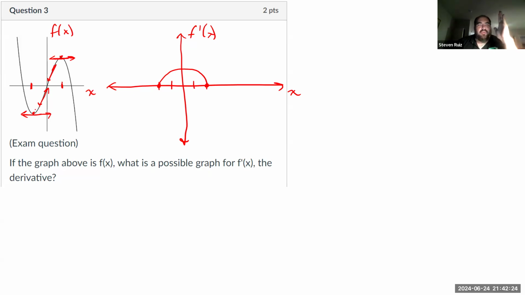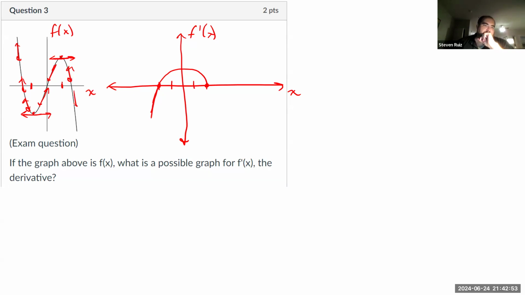So finally, let's talk about what happens to the left of that minimum. What do my tangent lines look like? They're going to be negative everywhere. So that tells me that this function is going to be negative. What about to the right of this maximum?